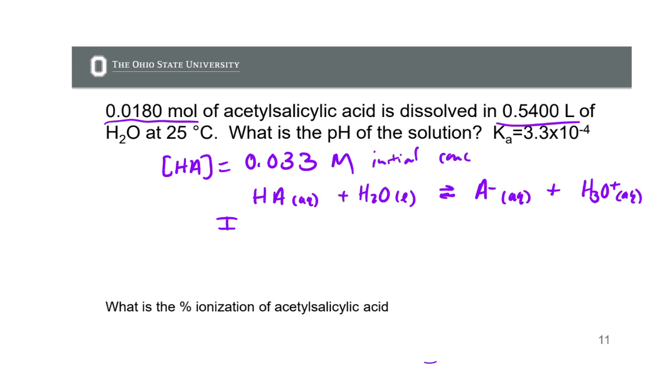So our initial concentration of HA is 0.033. Not going to worry about water. Initial concentrations of A minus and H3O plus are both 0. We'll have minus X for HA, plus X for A minus and H3O plus.